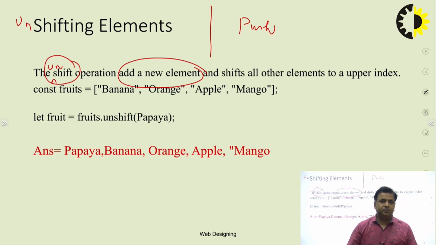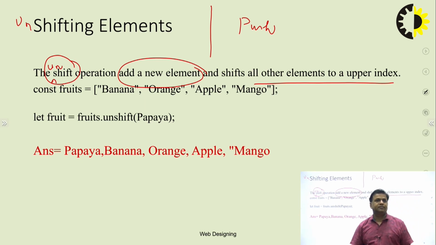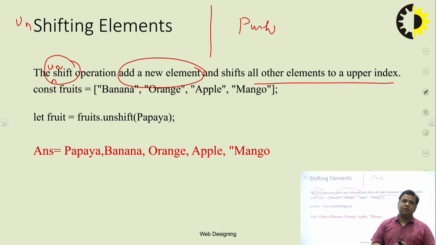In the push operation, an element is inserted at the top of the stack, which means at the end of the array, right? But the unshift operation inserts a new element and shifts all other elements to a higher index. So this is a very good combination for comparing shift and unshift with push and pop.